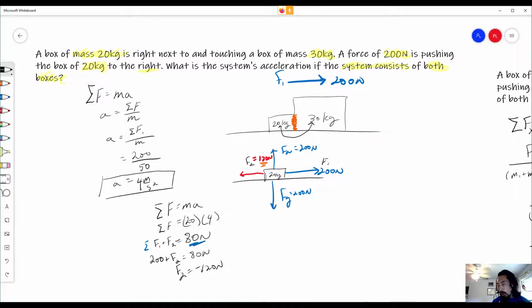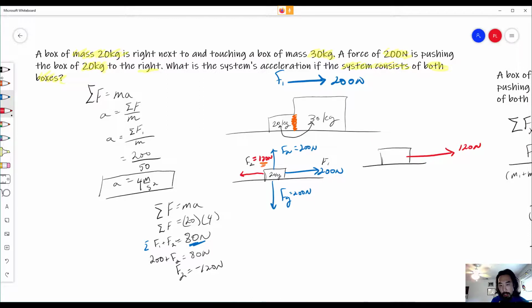According to the third law, if 120 newtons of force is being pushed into the 20 kilogram box by the 30 kilogram box, then the 30 kilogram box is being pushed in the opposite direction, to the right, with the same amount of force, which is 120 newtons.